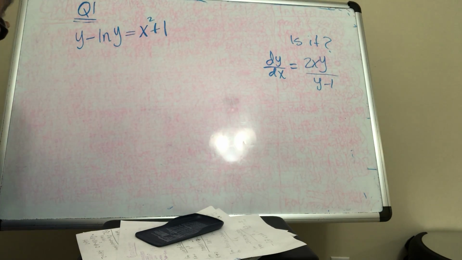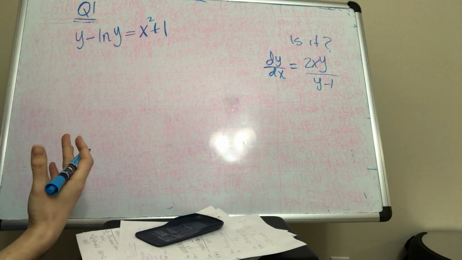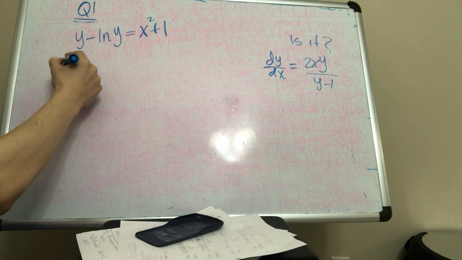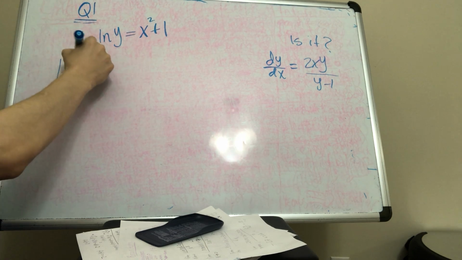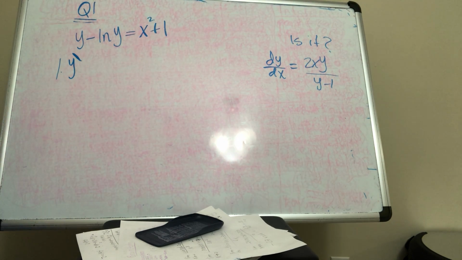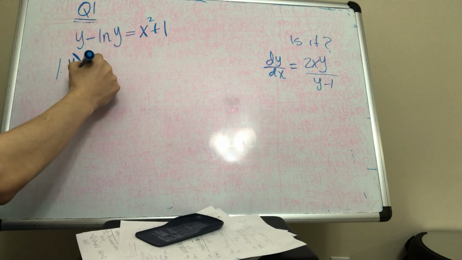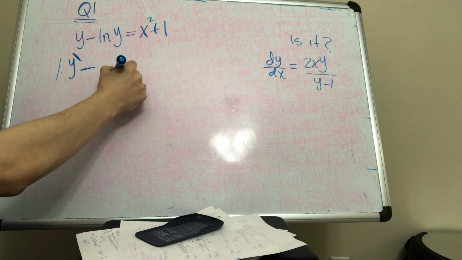Now to do the derivative for this, if you remember implicit differentiation, the derivative of y is 1, but since it's y, we put y prime. The derivative of ln anything, the inside of the ln goes in the bottom.